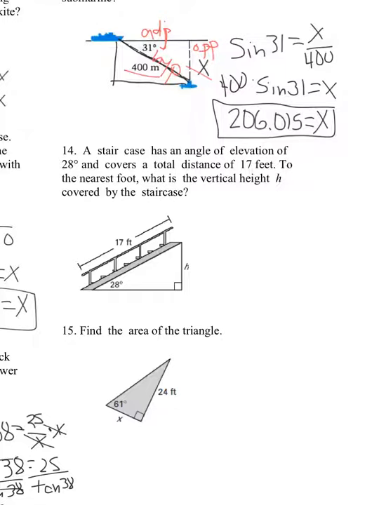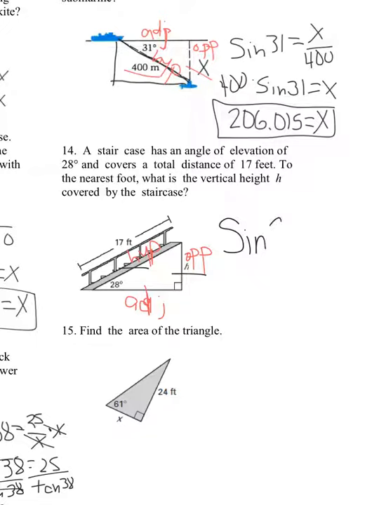14, almost done. A stair has an angle of elevation of 28 degrees, covers a total distance of 17 feet to the nearest foot. What is the height? What is the vertical height covered by the staircase? From the 28 degrees, you have opposite, hypotenuse, adjacent. You have opposite and hypotenuse.